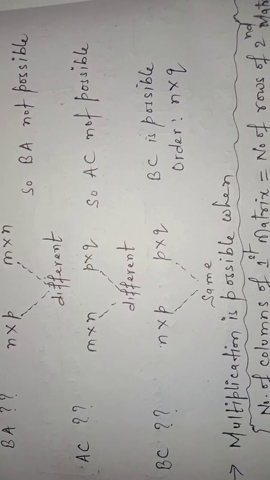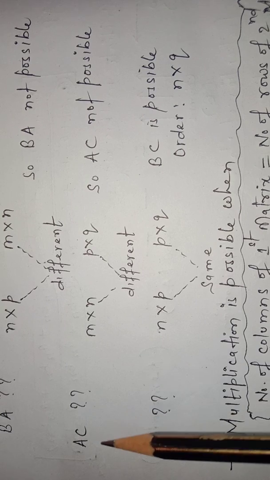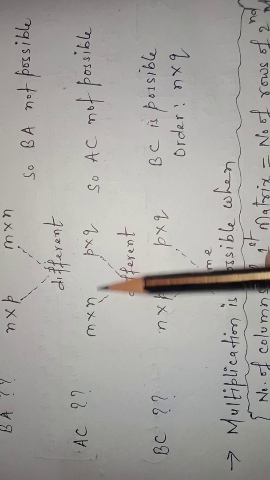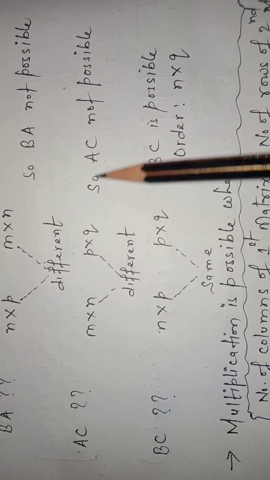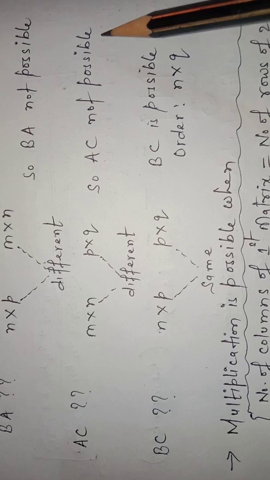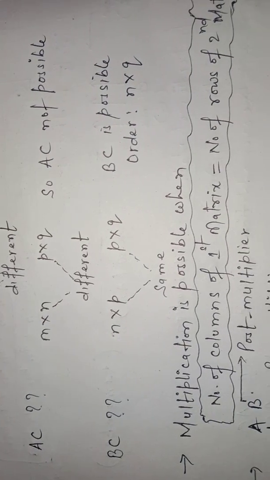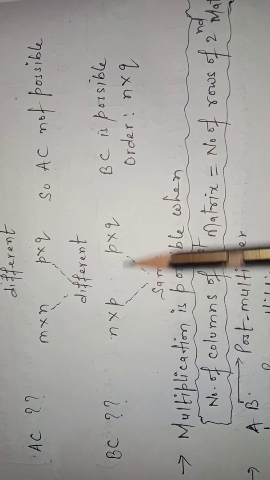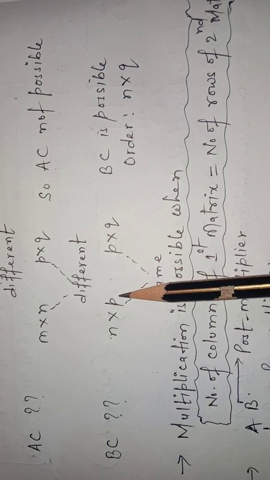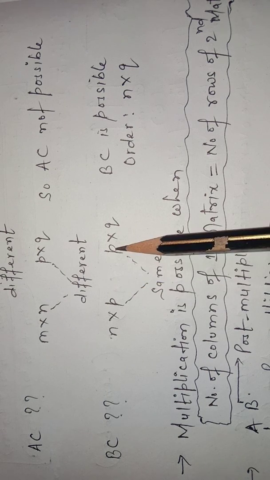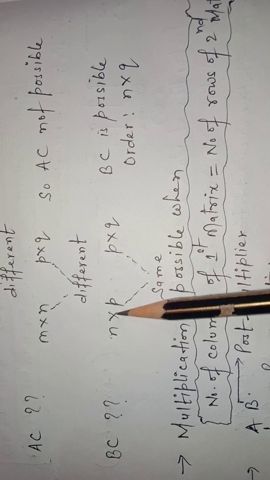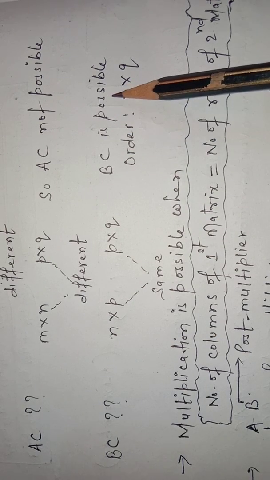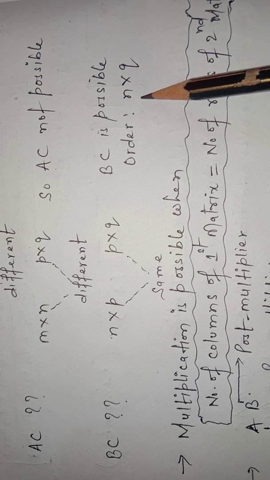Similarly for AC, write the order of A and write the order of C. Again, these numbers are different, so AC is not possible. And finally, for B into C, write the order of B and write the order of C. Here these numbers are the same, and the resultant matrix order is n cross q. So BC is possible and its order is n cross q.